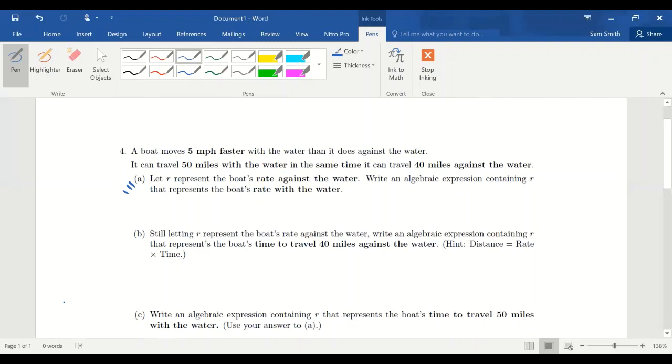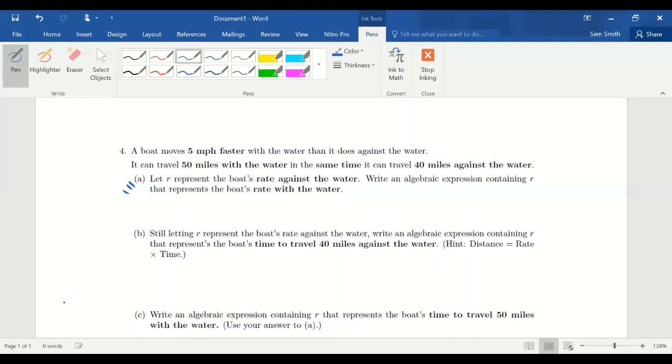So it says in part A, for example, let R represent the boat's rate against the water. Write an expression containing this letter R, representing the boat's rate with the water.